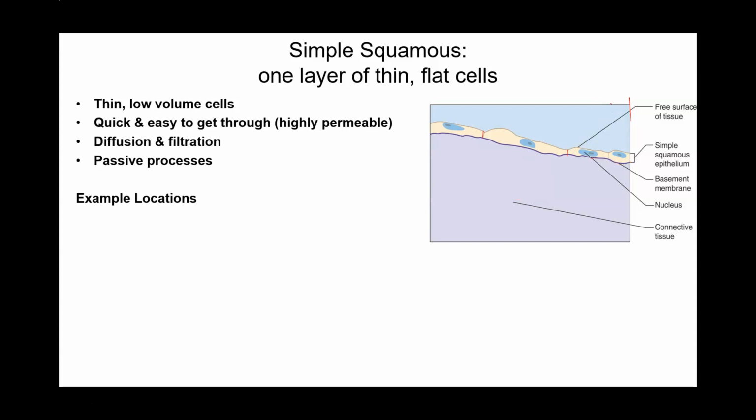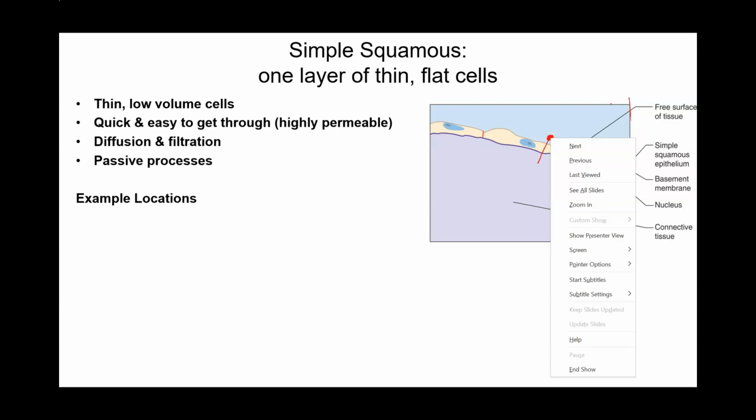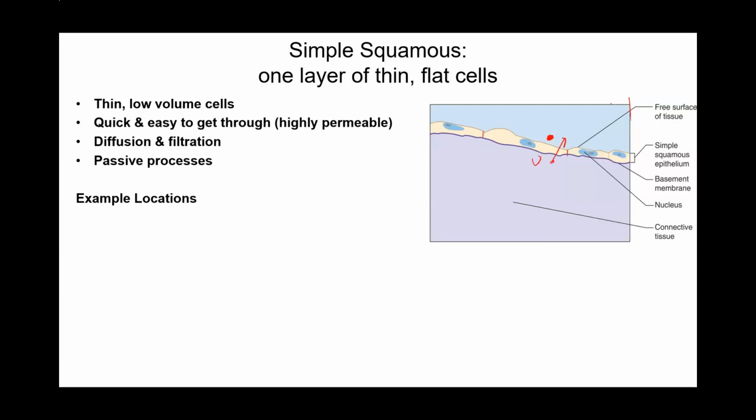Simple squamous tissue is the thinnest, most permeable epithelial tissue. Because of its thinness, molecules can pass across it in one direction or another very rapidly. It's quick and easy to get through. But remember, it's a low volume cell.